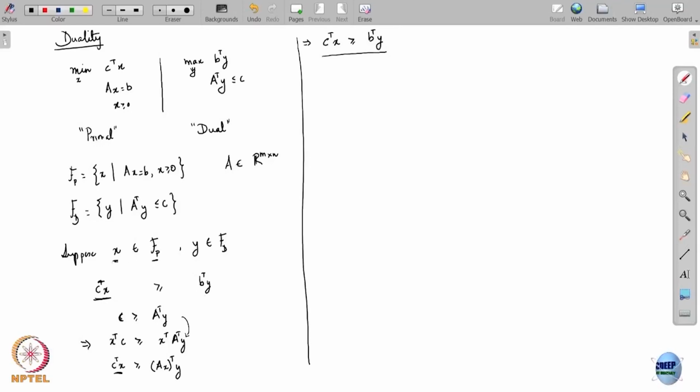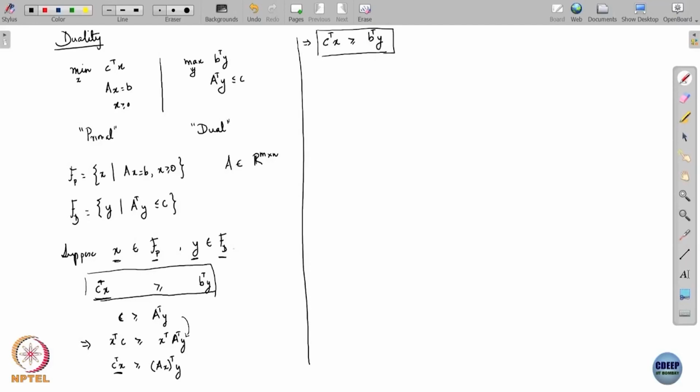I started with any x in F P and any y in F D, and I got this inequality. It does not matter what my choice is. Every x that is feasible for the primal and every y that is feasible for the dual must satisfy that C transpose x is greater than or equal to B transpose y.